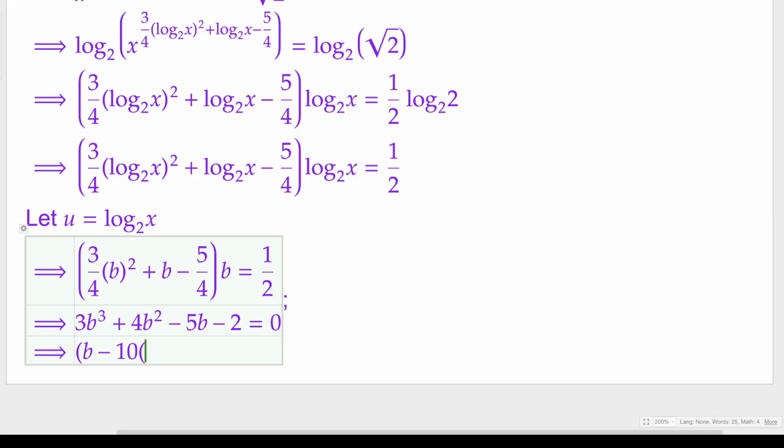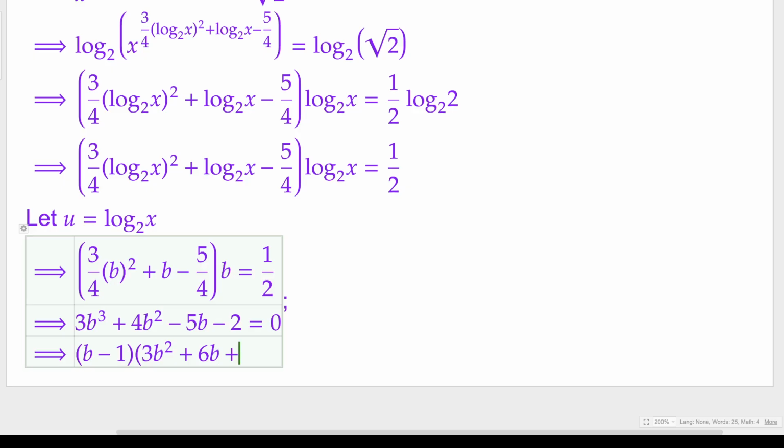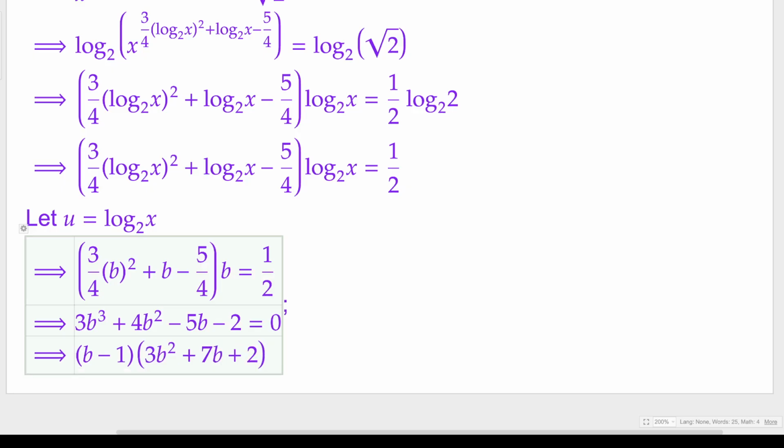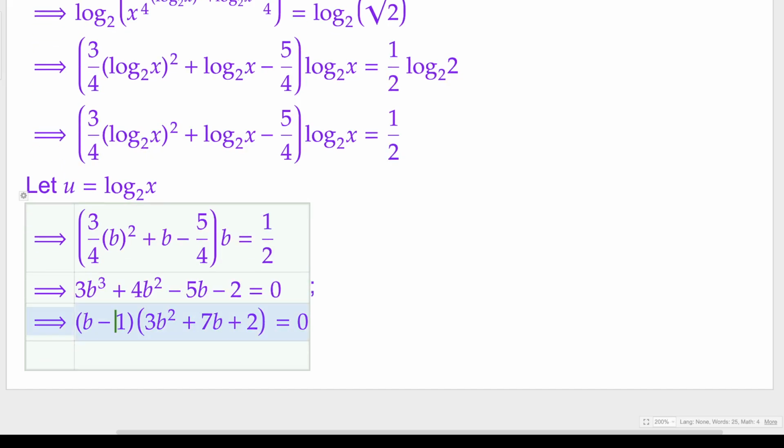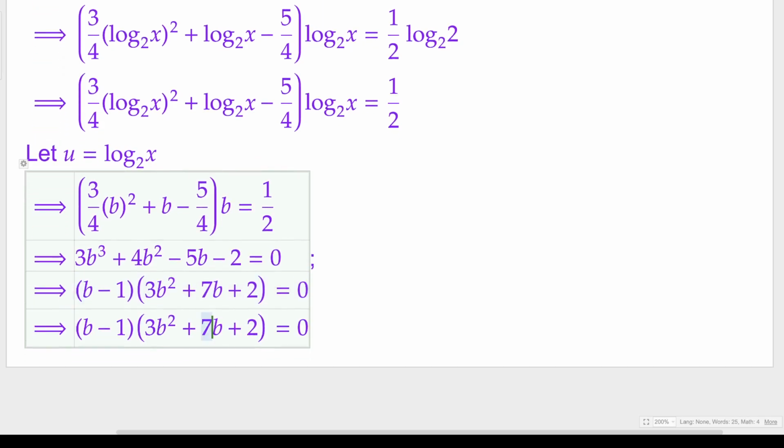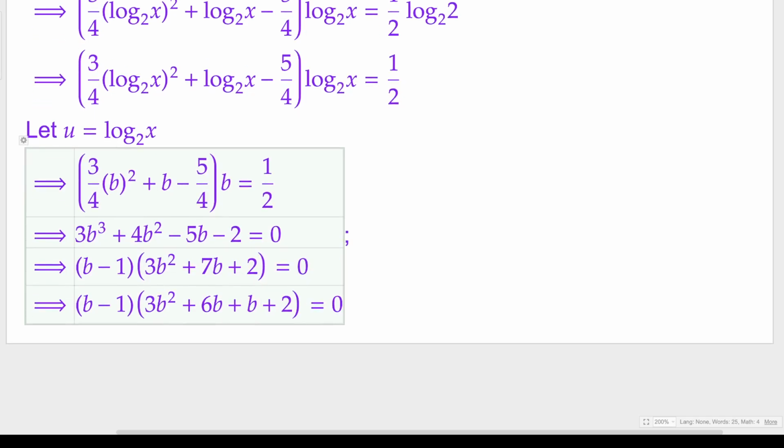So b minus 1 is one of the factors, and the other quadratic factor would be 3b squared plus 7b plus 2. 7b can be written as 6b plus b, since 3 times 2 is 6.